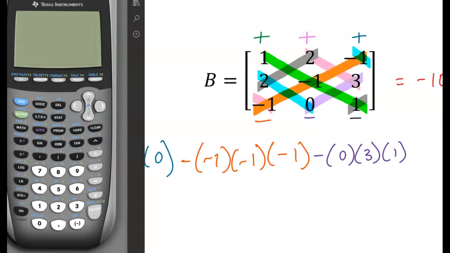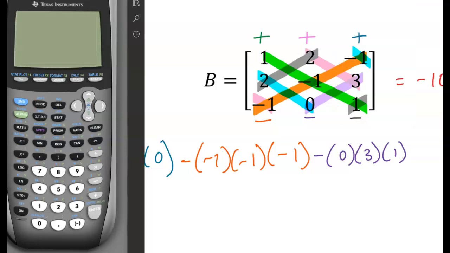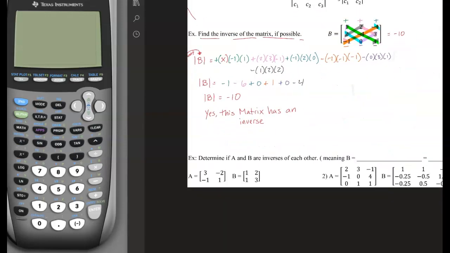All right. So there's one last problem I want to go over. It's actually really easy. I just have to mention it, okay?